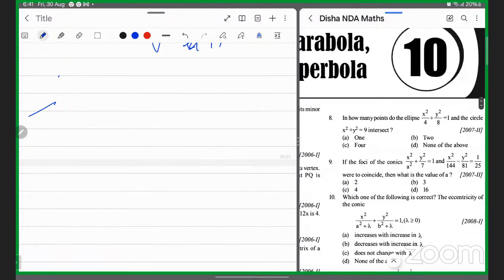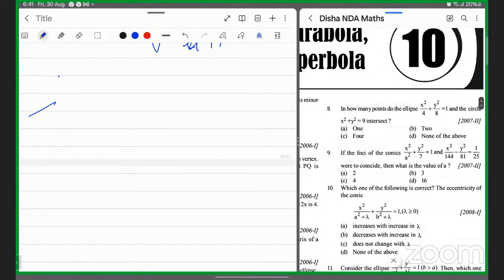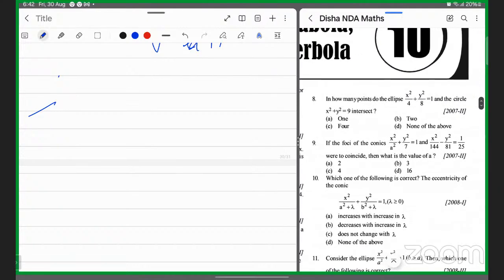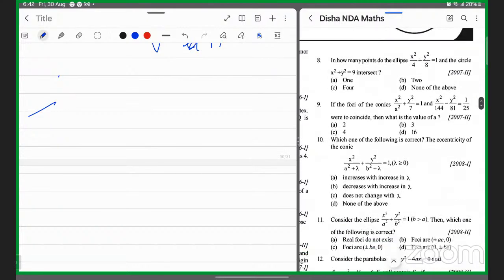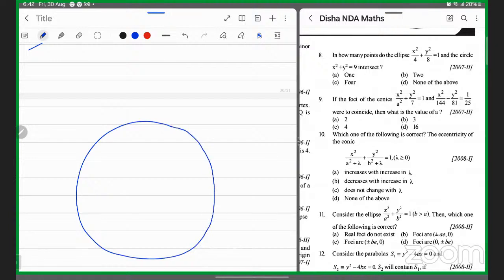How many points do the ellipse and the circle intersect? This is a circle with radius 3.